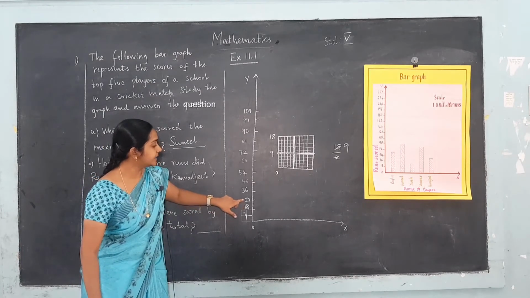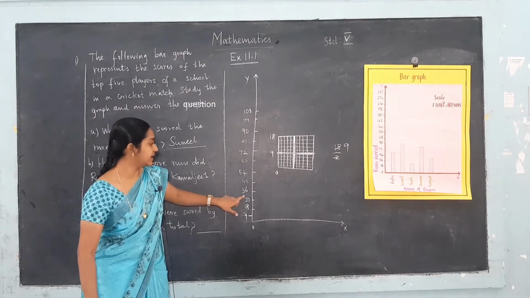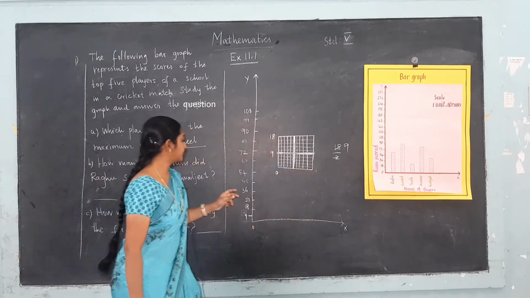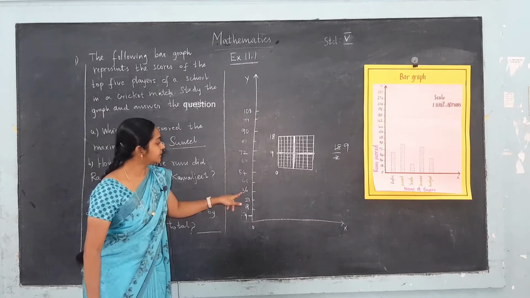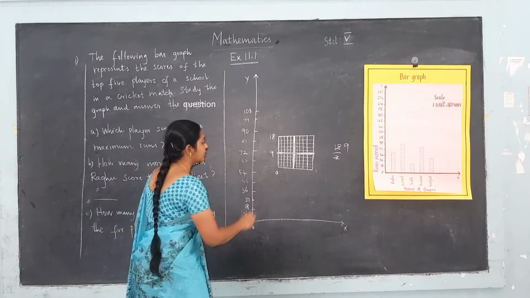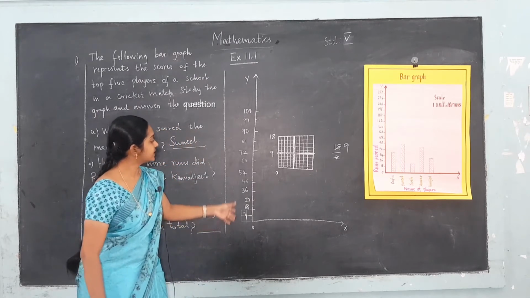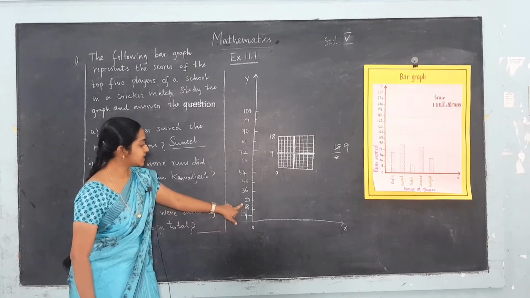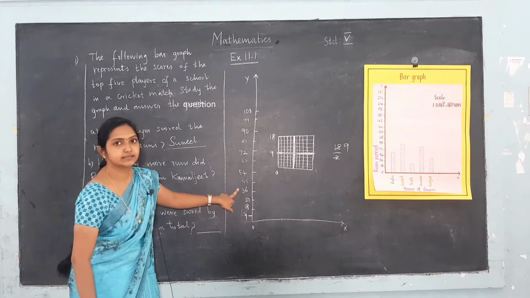With 18 add 9, it will be 27. And find the middle number between 36 and 54. Add 9 to 36, it will be 45. So the middle number will be 45. With this we can say that all these are multiples of 9. 1 nine is 9, 2 nines are 18, 3 nines are 27, 4 nines are 36.